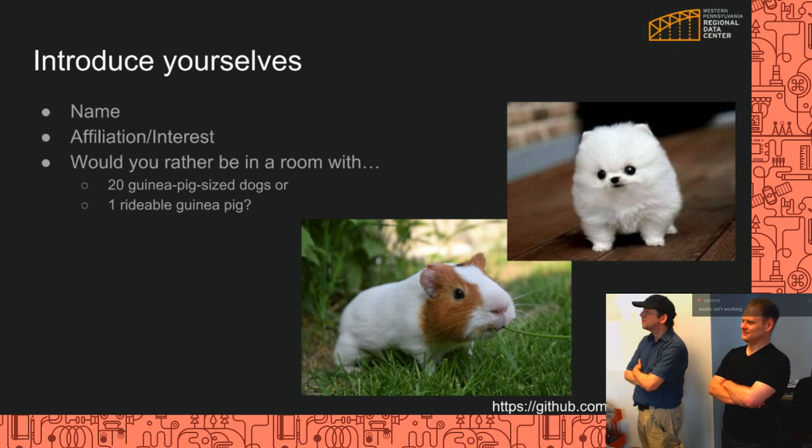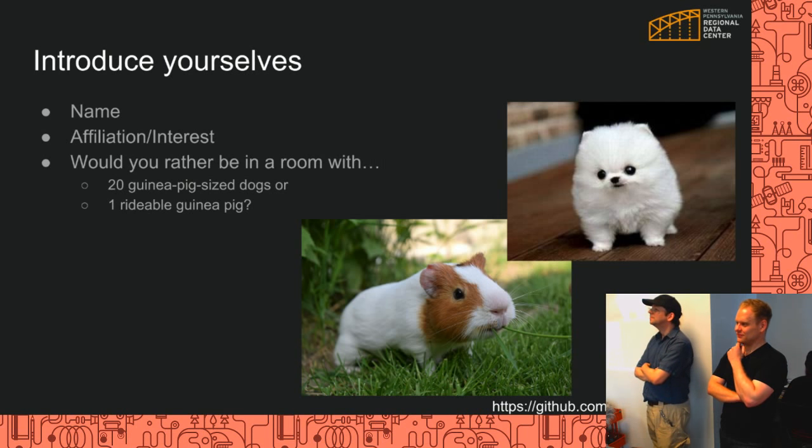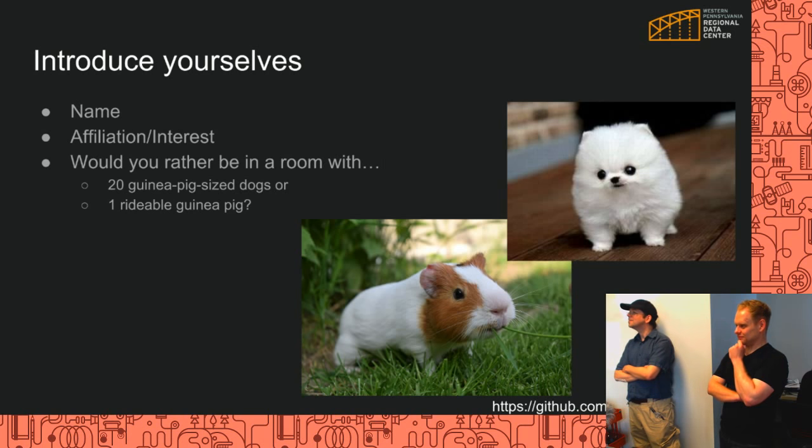Yeah, that's nice. I'm Tony. I would go with the guinea pig because 20 dogs in a room, if it's not a big room, there's just too much dogs. I'm Maria. I would go with the dogs. I have a couple with the tiny dogs. I have a couple over there. My name's David.